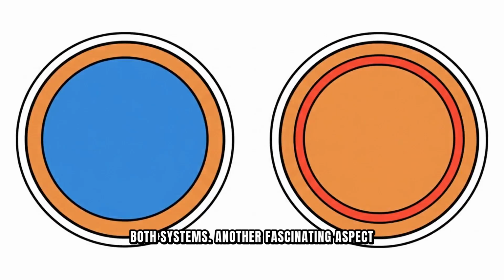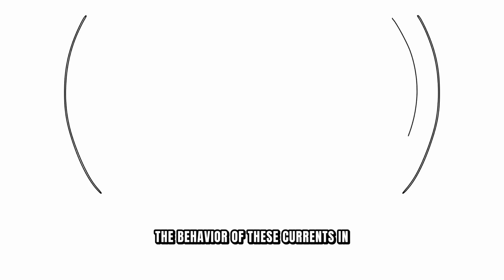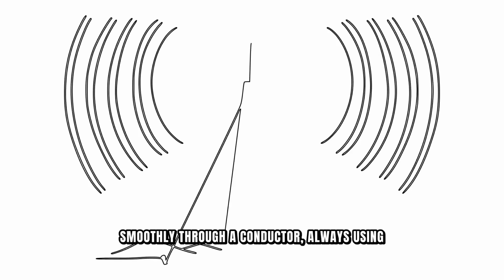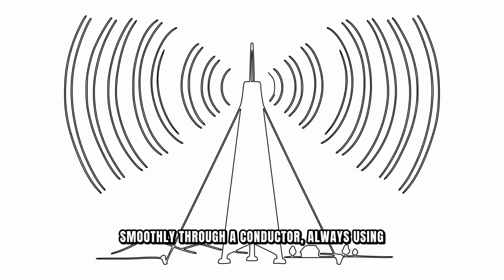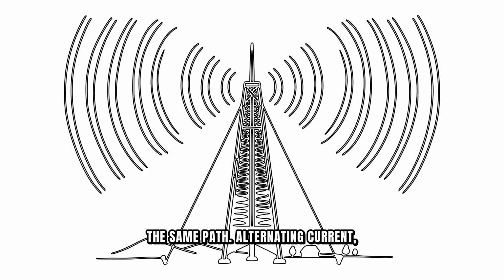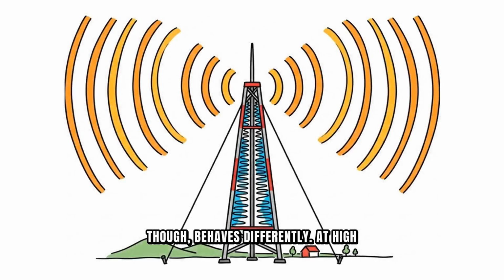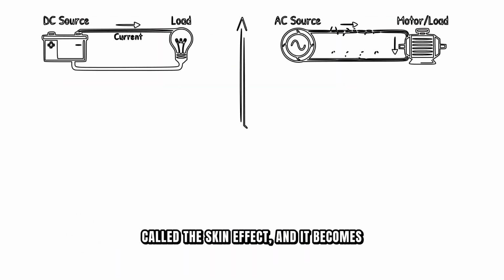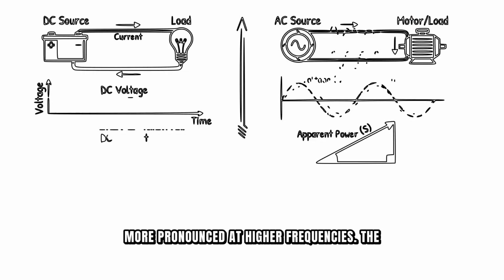Another fascinating aspect is the behavior of these currents in different materials. Direct current flows smoothly through a conductor, always using the same path. Alternating current, though, behaves differently. At high frequencies, alternating current tends to flow near the surface of a conductor rather than throughout its entire cross-section. This phenomenon is called the skin effect, and it becomes more pronounced at higher frequencies.